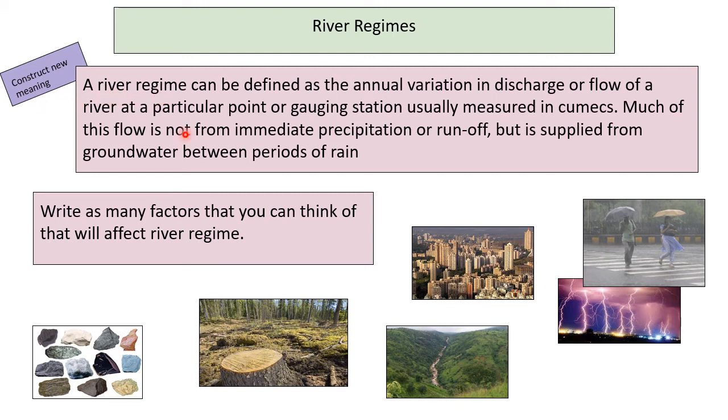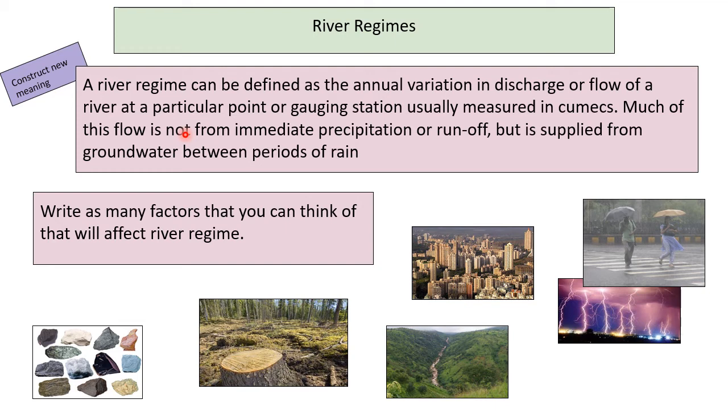It's basically the average flow in a river over a year. Now, that water will get in from direct precipitation, so it rains in the river, surface runoff or overland flow, or it will seep in from the groundwater or throughflow.